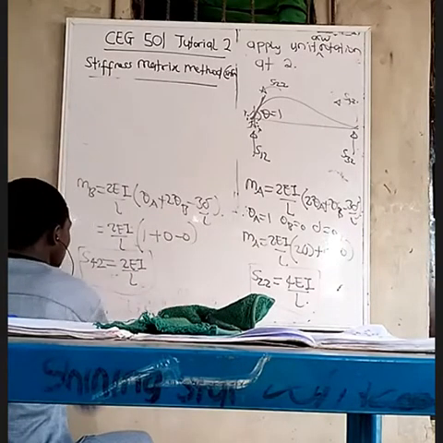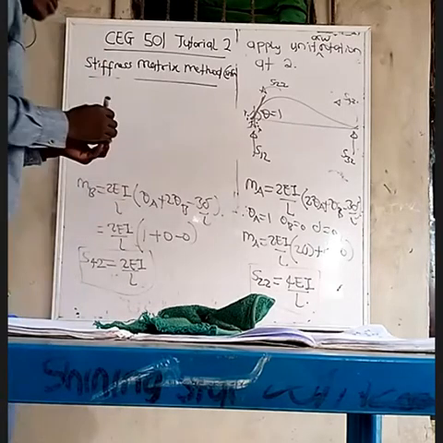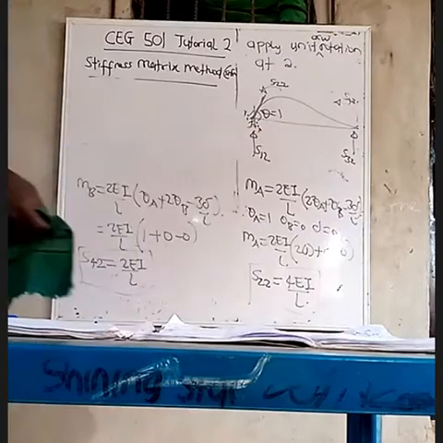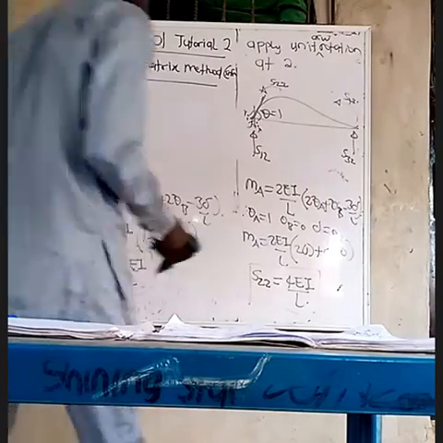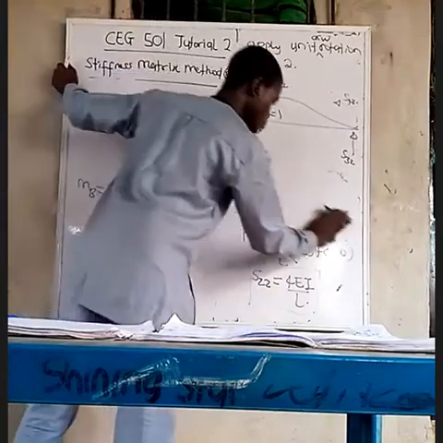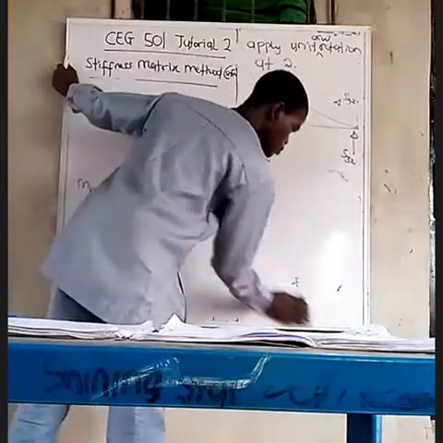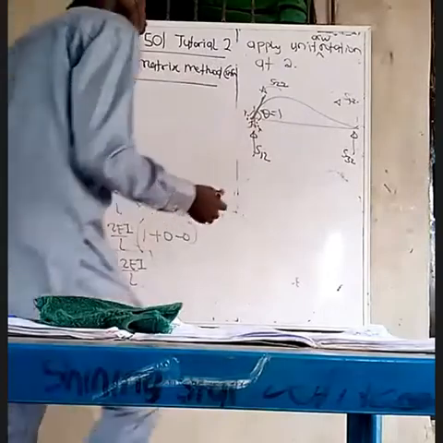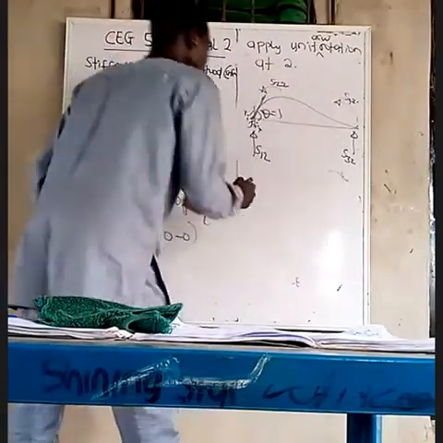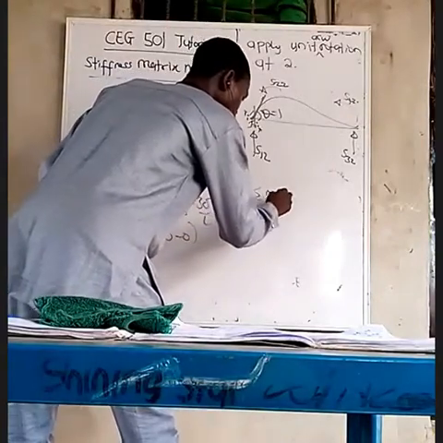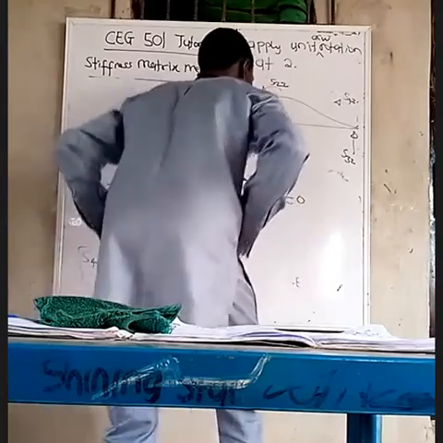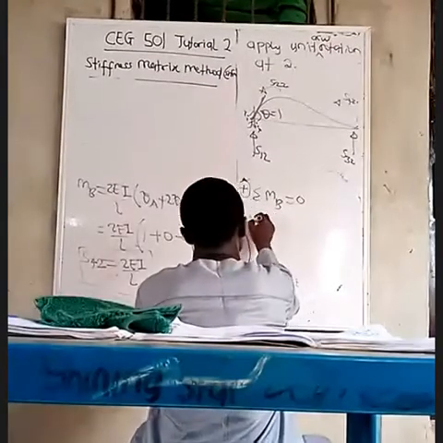S42 is equal to 2EI over L. So that is that. So let's go to S12 and S32. Let me clean this. So we have gotten S22 to be 4EI over L and S42 to be 2EI over L. So what we need to do, summation MB is equal to 0.